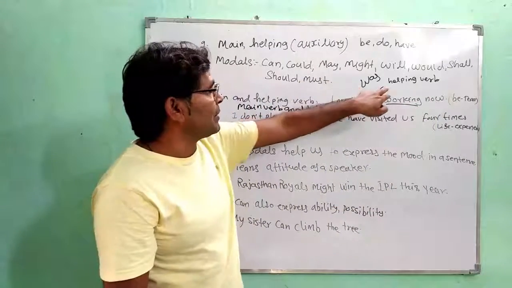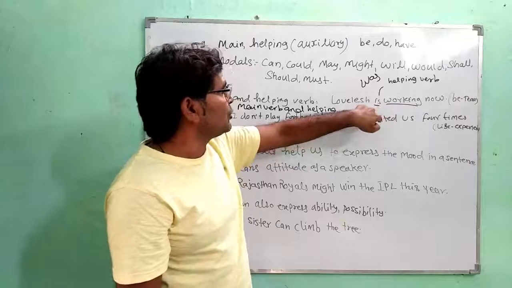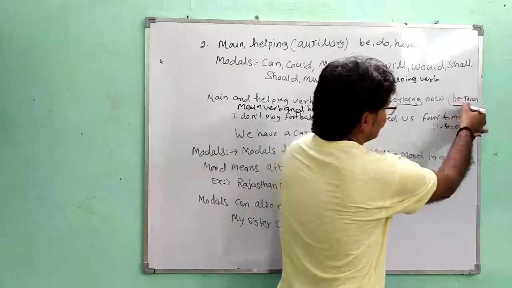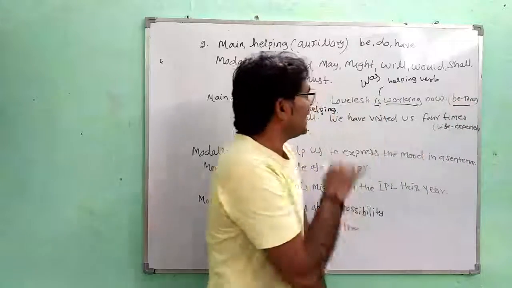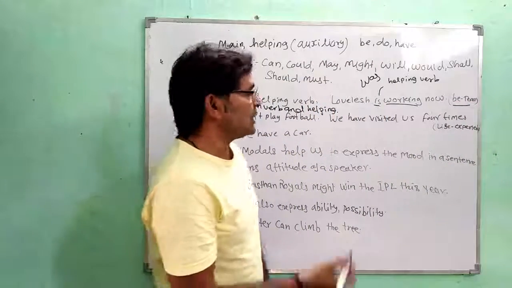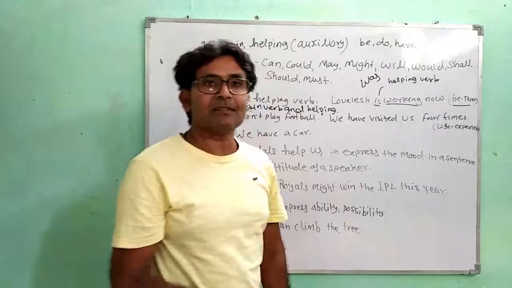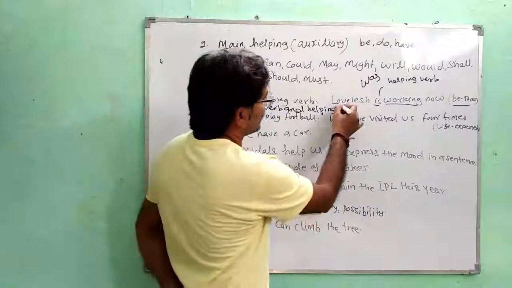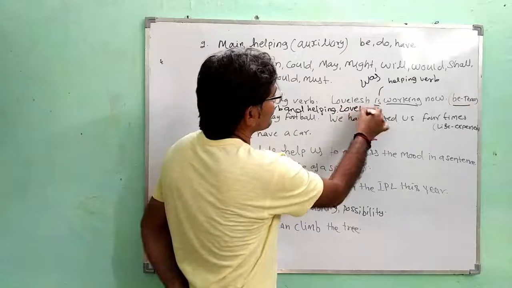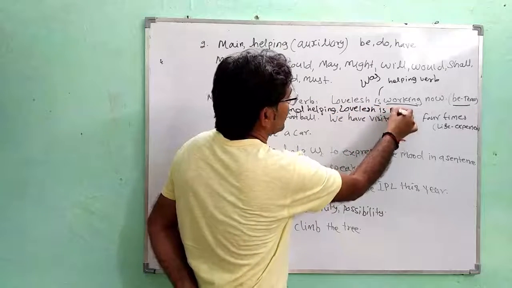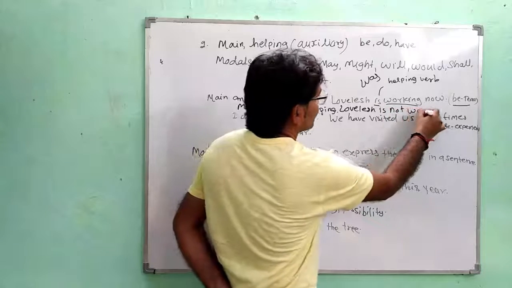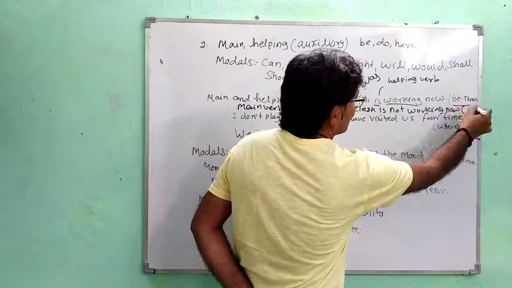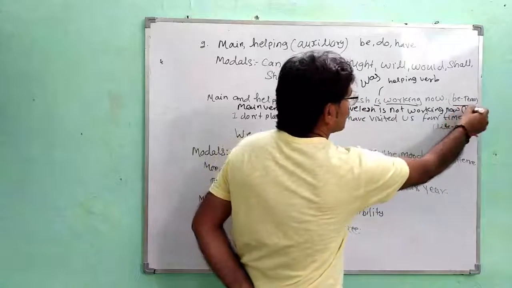So what is the helping verb doing here? The helping verb is showing the tense. The helping verb is also used in negative sentences and interrogative sentences. For example, if I write Loveless is not working now, the sentence is negative.